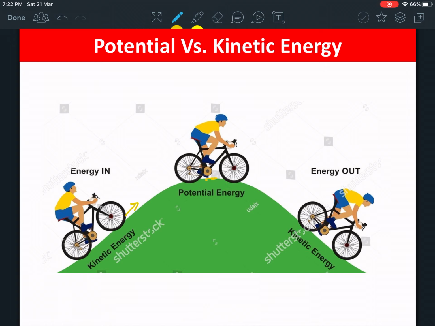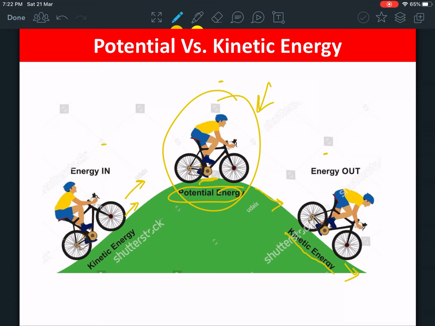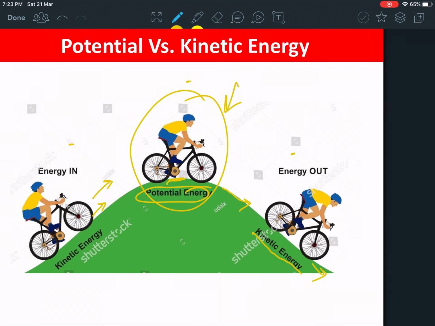He stops for a second up on the cliff, and this is when he has potential energy. When he goes down again, he has kinetic energy because he's moving. Here he's moving, here he's moving, here he's just stopped for a second. This one second that he stopped means he has potential energy. Moving, moving, not moving. You understand the difference between both?